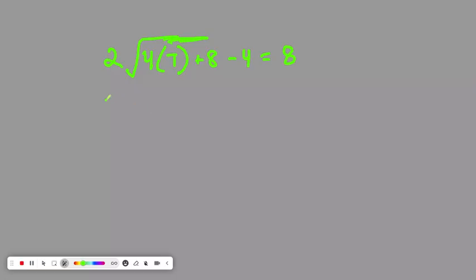So we have 2 times the square root of 28 plus 8, and we know that's 36. And we should get rid of the 4, so we get to 12 because we're adding 4 on both sides. And we know the square root of 36 is 6, so we have 2 times 6 equals 12. And does it? Yes, 12 equals 12. It checks out. And make sure you check your work.